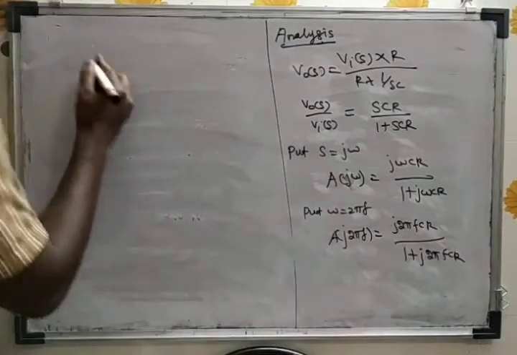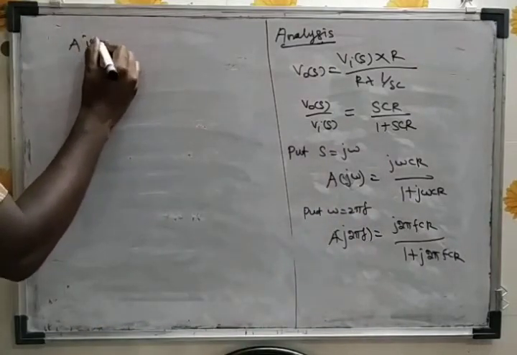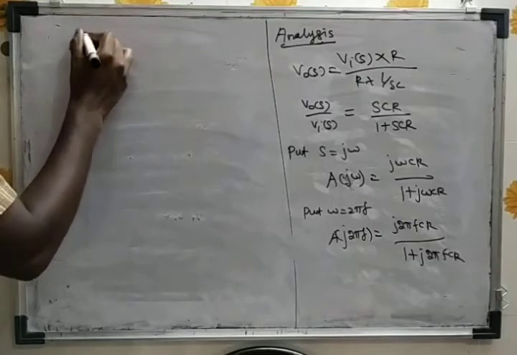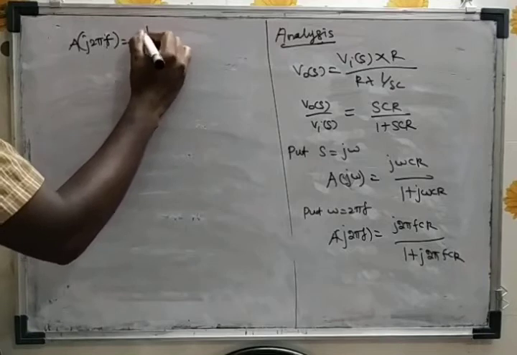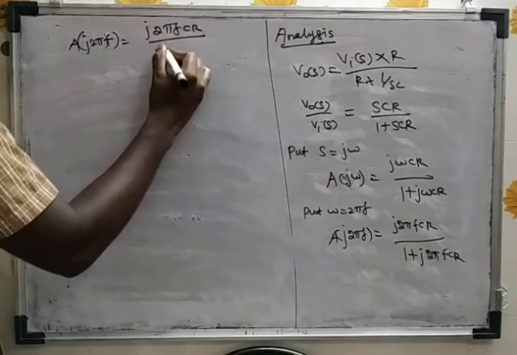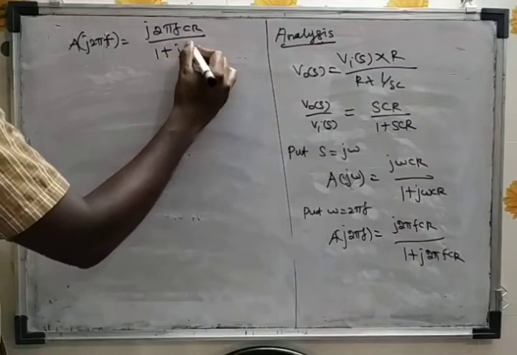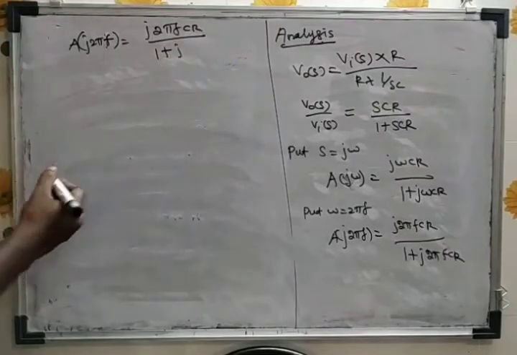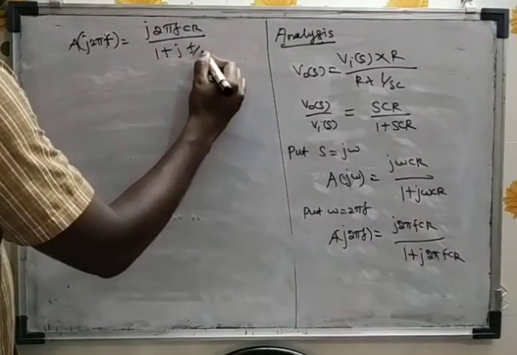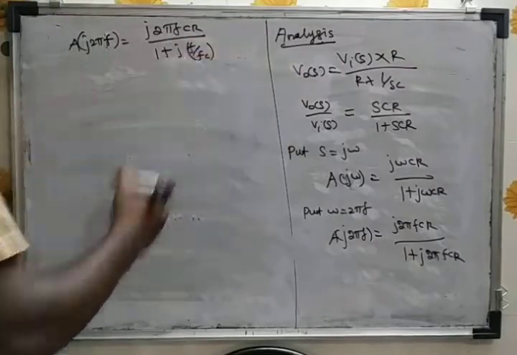So we can write A of j 2 pi f is equal to j 2 pi f CR divided by 1 plus j into f by fC.